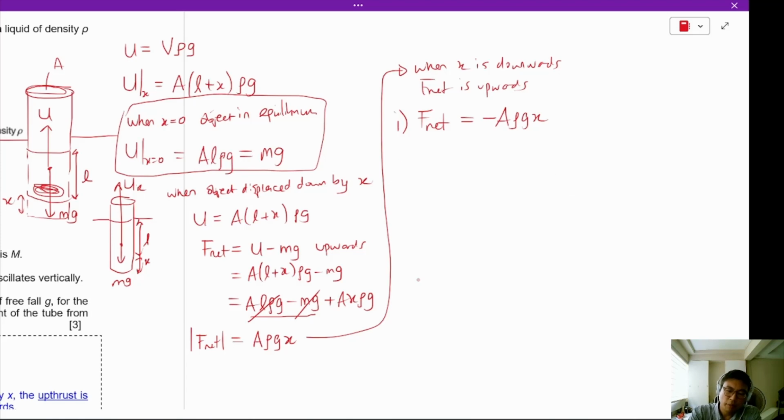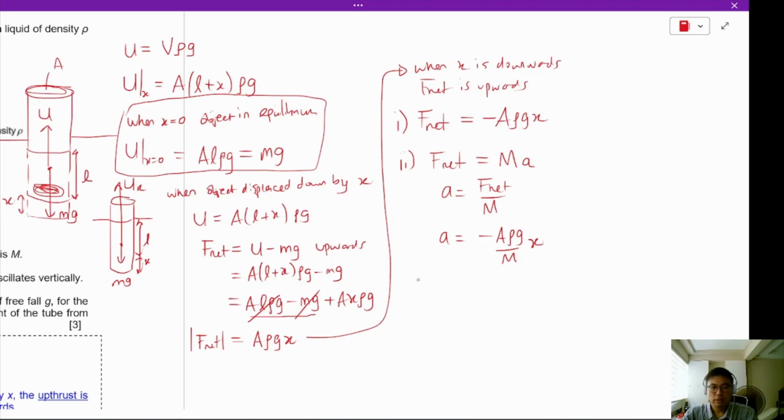Now, for part 2, we can show that F net is equal to ma, right? So a is equal to F net divided by m, which is a equals minus A rho g divided by m multiplied by x. Okay, so this is shown.